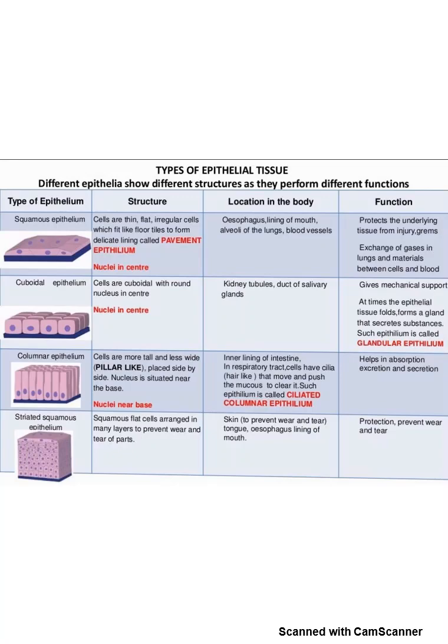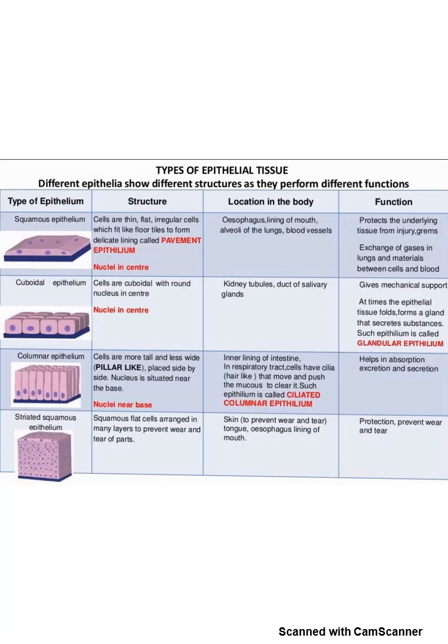And the last is stratified squamous epithelial tissue. Squamous flat cells are arranged in many layers to prevent wear and tear, so as to prevent any kind of injury. When the epithelial tissue is arranged in layers, it is called stratified squamous epithelial tissue.